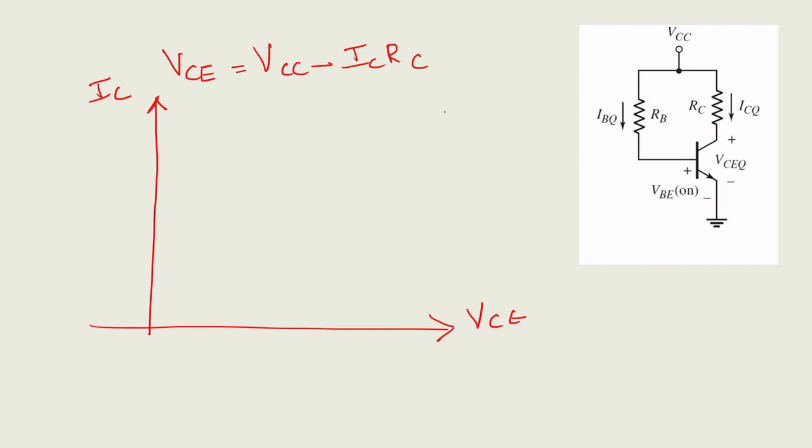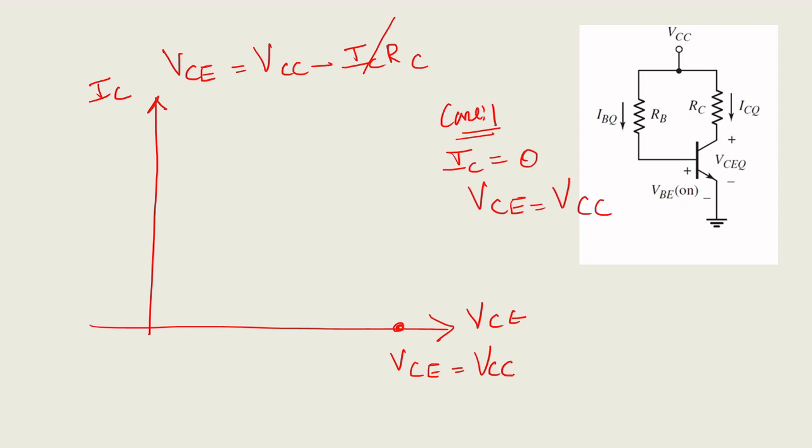Case 1: consider you are going to find the maximum VC. That means you consider IC is 0. If IC is 0, your equation will become VC equal to VCC. So this is a point we used to say, VC equal to VCC. That's all. Now you got one point.